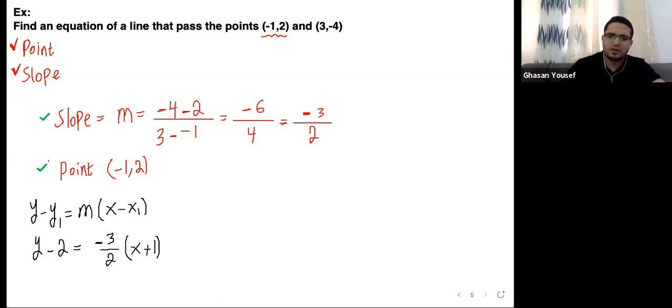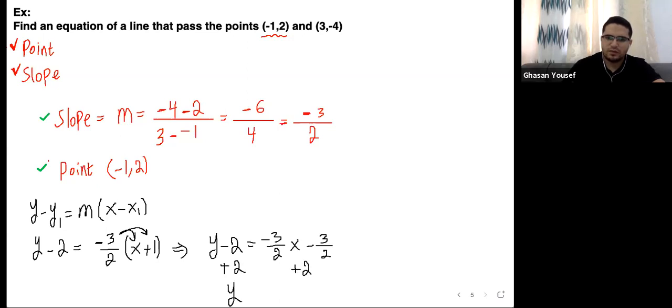Now distribute the minus 3 over 2 to inside the parentheses. I will get y minus 2 equals minus 3 over 2 x minus 3 over 2. Now you add 2 to both sides.